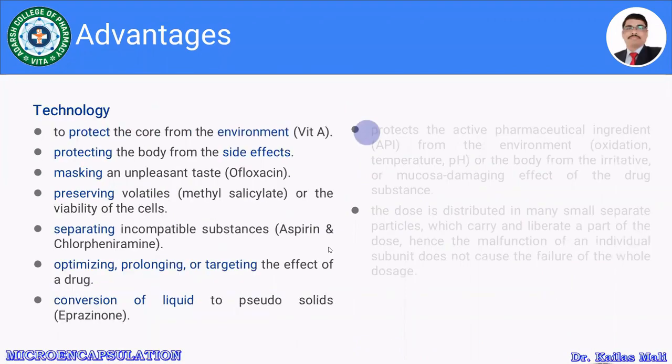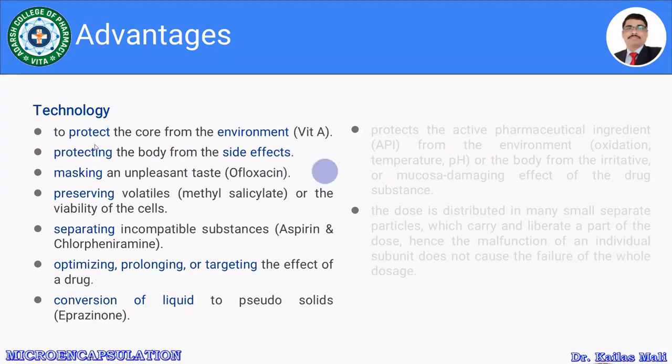Let us see the remaining advantages of microencapsulation, which are related to the technology. Related to the technology, the very first advantage is to protect the core from the environment. For example, vitamin A. When we are coating vitamin A, the stability of vitamin A is going to be enhanced. There is a barrier between the vitamin A and the environment, which will improve the stability of the vitamin A, protecting the body from the side effects.